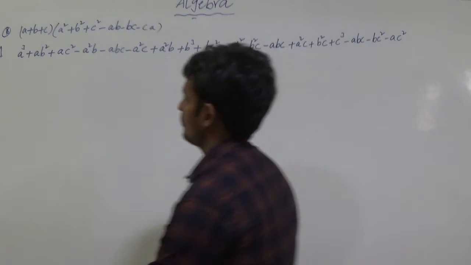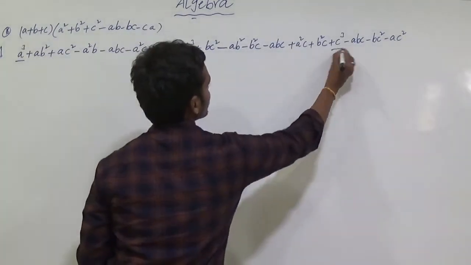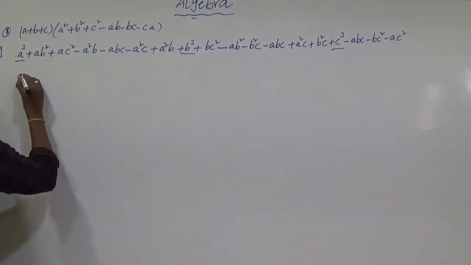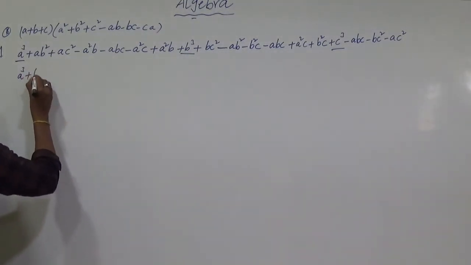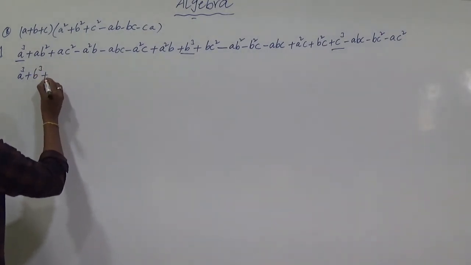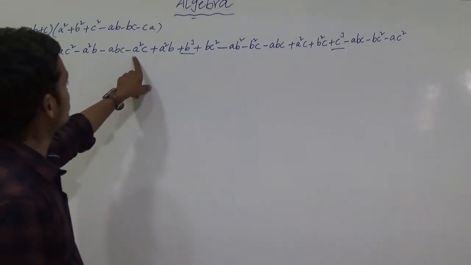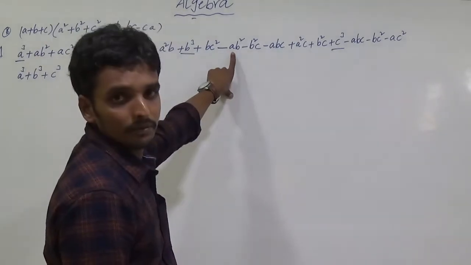Okay? Now I am simplifying. Here I have a cube, here b cube, here c cube. Now I am writing a cube plus b cube plus c cube. Now is there any ab square?